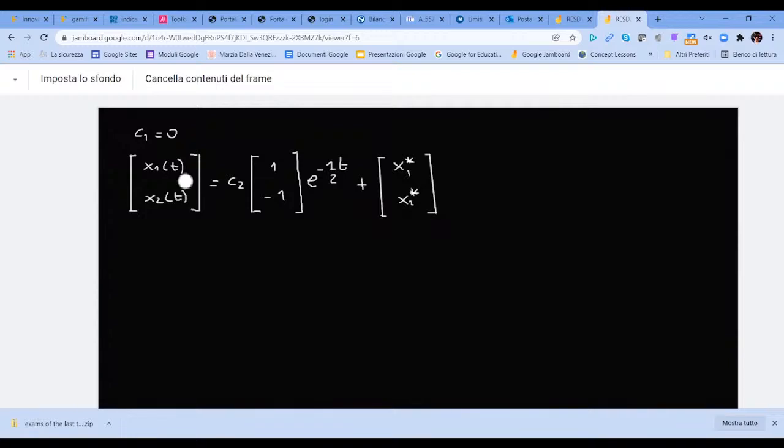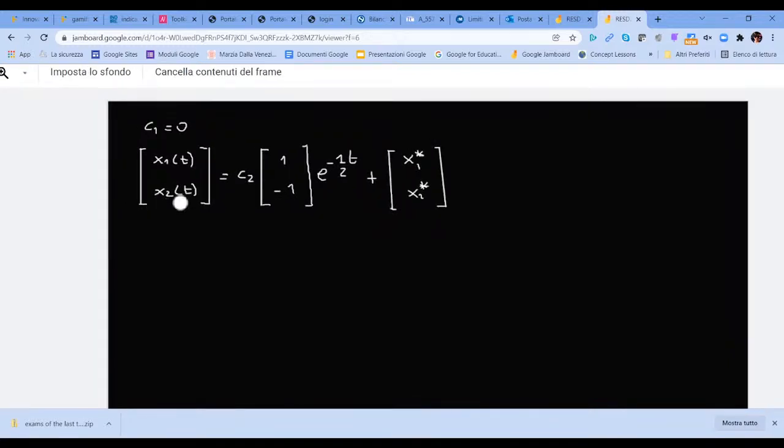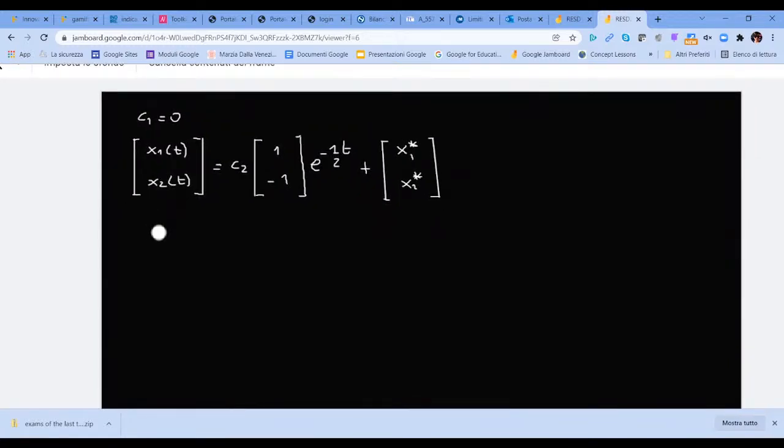That means that from this one we obtain x1 minus 0, so x1 equals C2 times 1 times e to the minus 1/2 t.